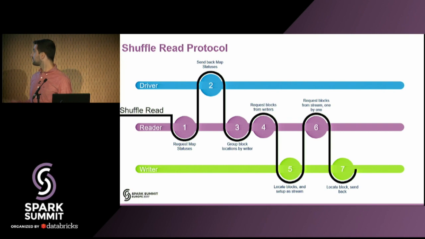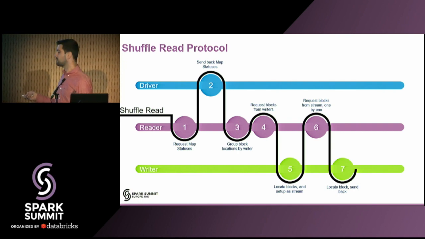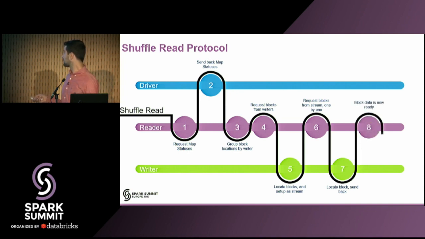So steps 6 and 7 happen for each and every block. And there's a lot of messaging going on here over the RPC messaging platform. Each writer in return will locate the block that was requested by the reader and will send it back. And once it gets back, this is where the data is now ready, and we can move forward to the reducer function.